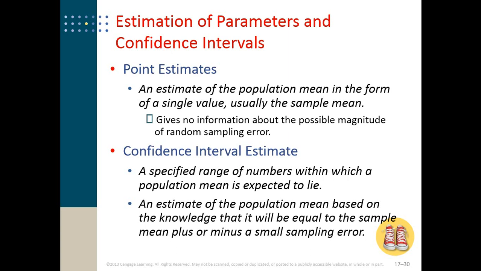So 85% plus 5% is 90%, and 85% minus 5% is 80%. So we get an interval of 80% to 90%, and we expect that our population parameter will lie within this interval. So you understand that using this confidence interval is a less risky approach compared to using point estimates.